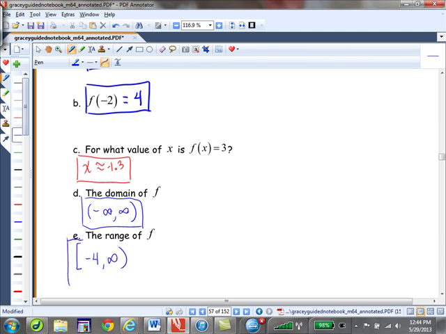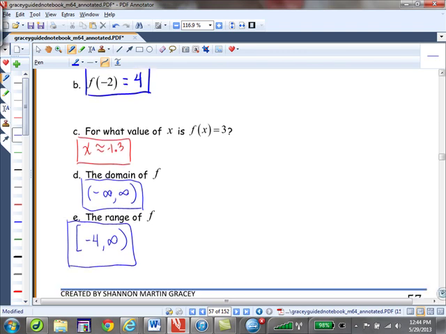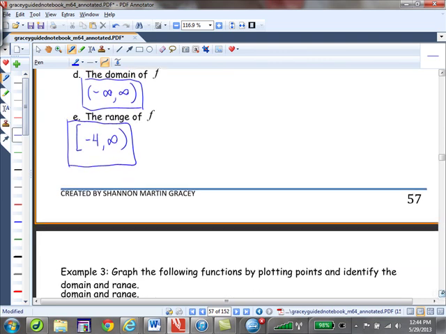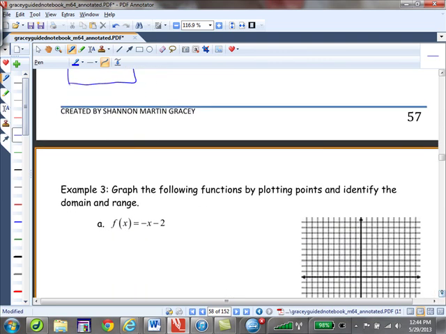So you use a square bracket, and you got it. How'd you do? All right, remember you're looking at left and right behavior for domain, and you're looking at down and up behavior for range.